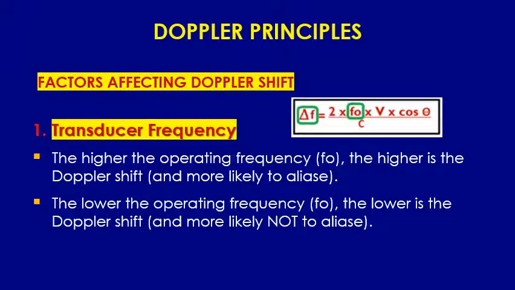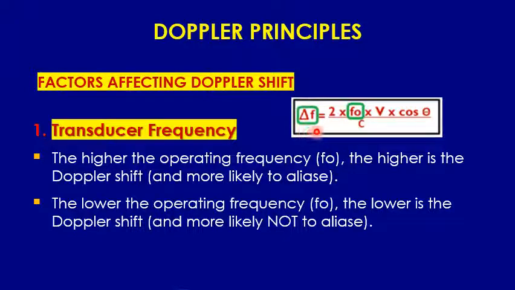So as we know now, the variables in the numerator are directly related to the Doppler shift. So we're having here a higher frequency probe or a lower frequency probe. What happens? We know that the operating frequency is directly related to the Doppler shift.